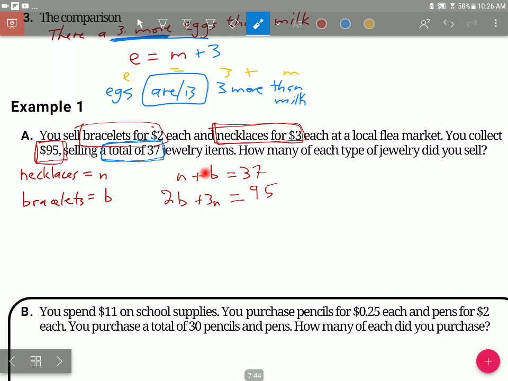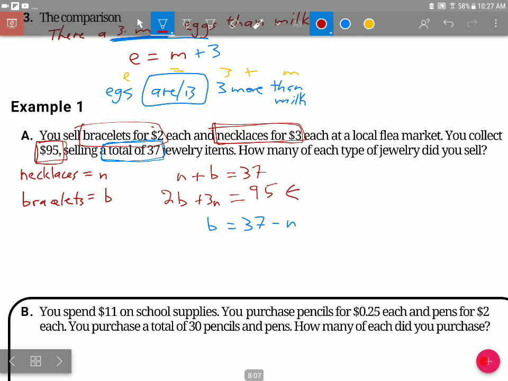First B? All right, so to get that one alone, what do we have to subtract, the N or the B? The N. Good. So you've got B equals 37 minus N. All right, so it's alone, so let's plug it. Step 2, plug it into the next equation. So for that one, we're going to write what?